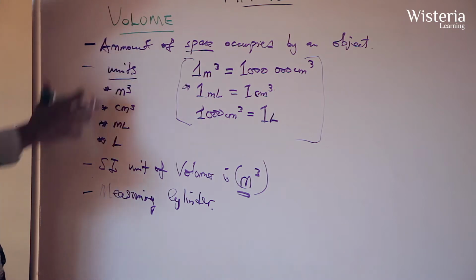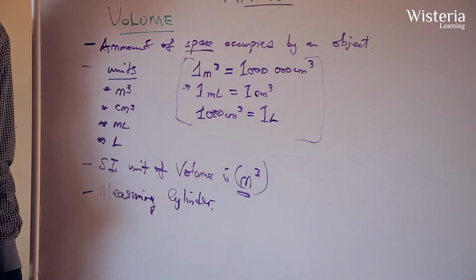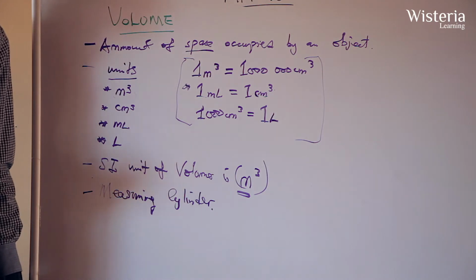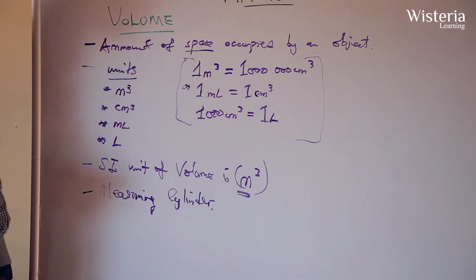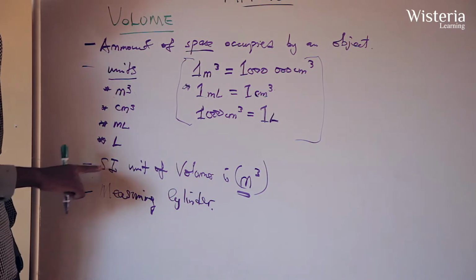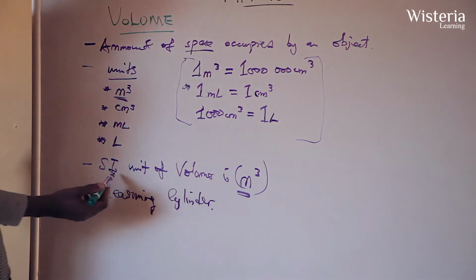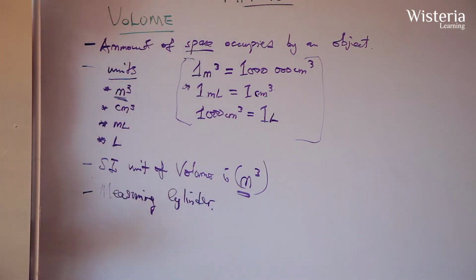For the fact that we have different units in which we can determine the volume of a substance, for the sake of SI units, standard units like we looked at in our previous videos, the SI unit of volume is meter cubed.